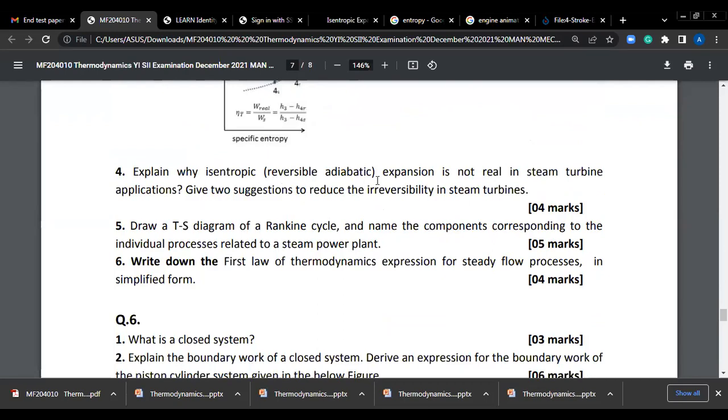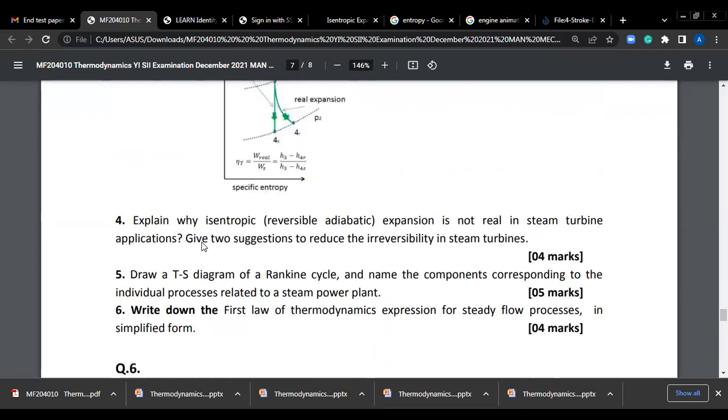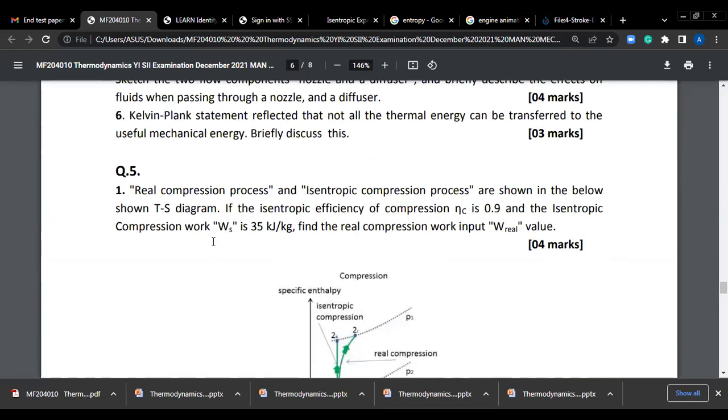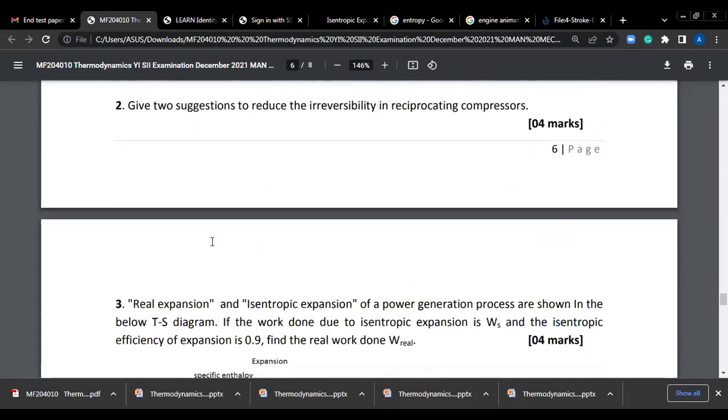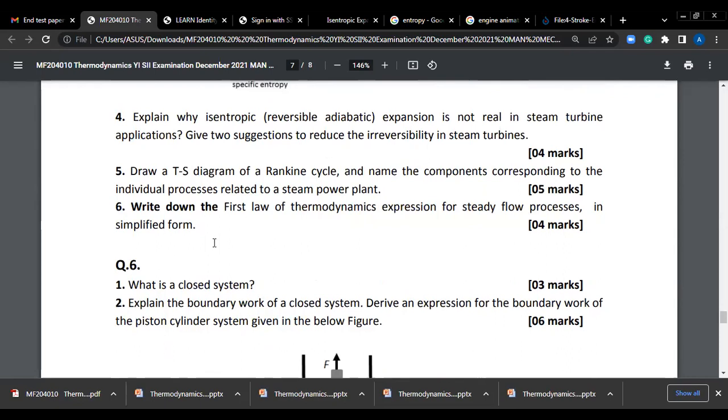Explain why isentropic expansion, reversible adiabatic, is not real in steam turbine applications. Why is it not real? That's why you have the isentropic efficiencies. Drawing TS diagrams. Next week, we will do the TS diagrams for the power cycles. So you can see this nature of questions even in the coming exams. It is quite easy, but you should understand.